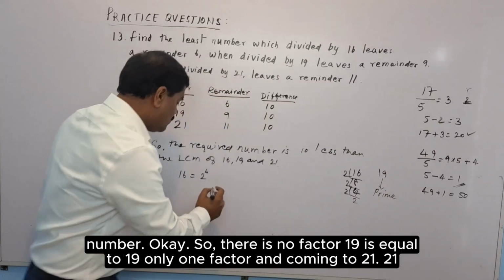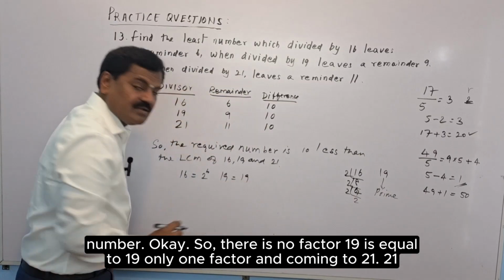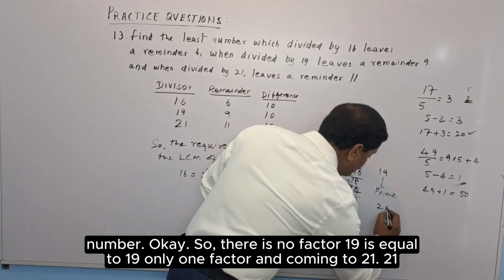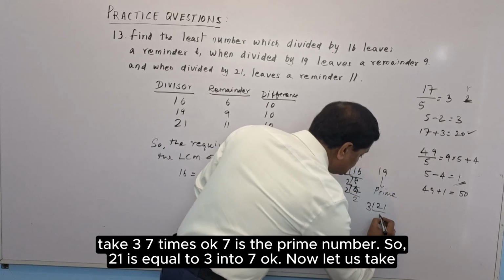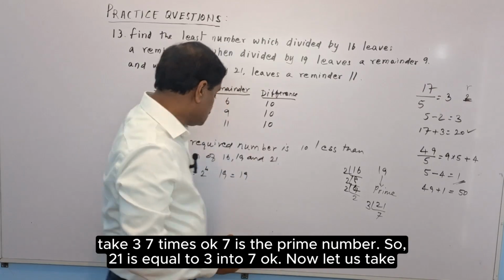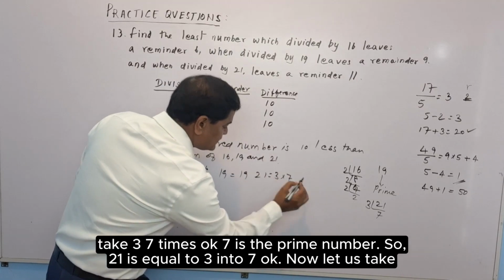So there's no other factor. 19 is equal to 19, only one factor. And coming to 21, 21, take 3, 7 times. 7 is a prime number.